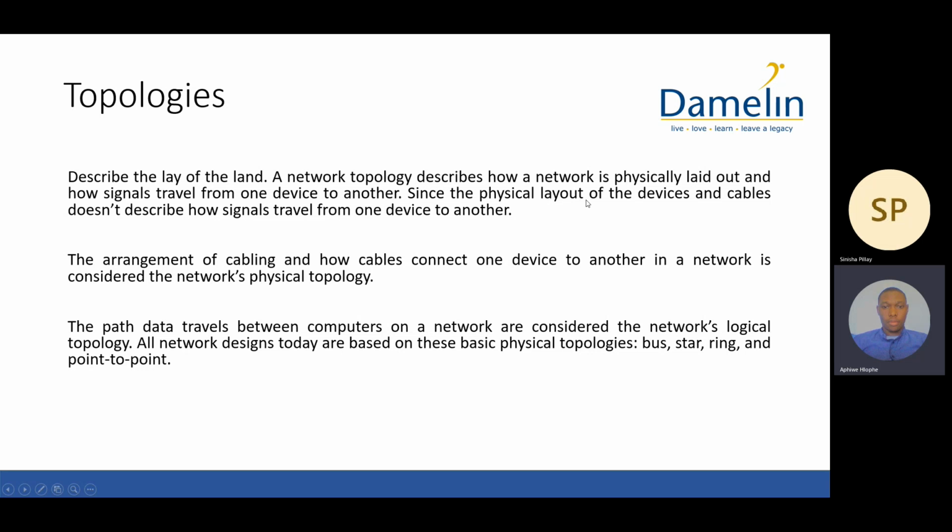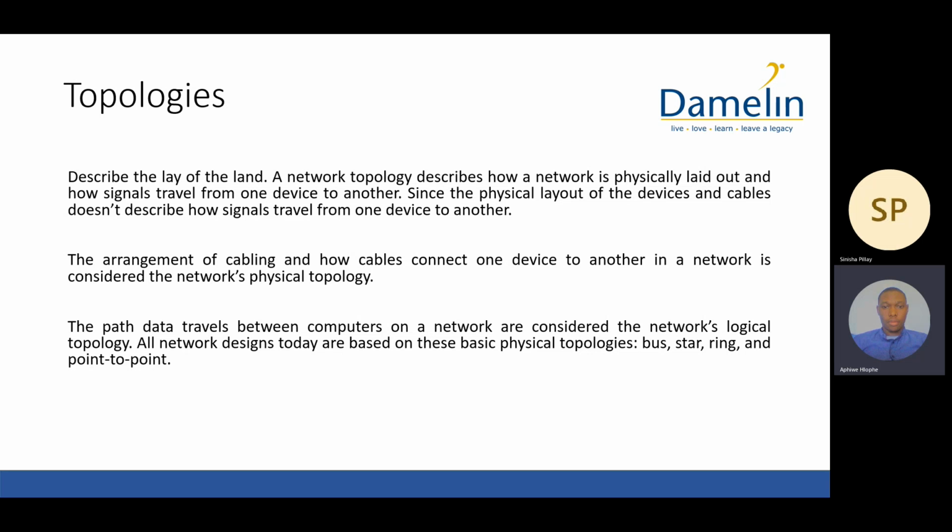The physical layout of the devices and cables doesn't describe how the signals travel from one device to another. So the topology can define physically how the network actually looks, but it may not be how it actually functions logically. I'll explain that later on in the later slides.